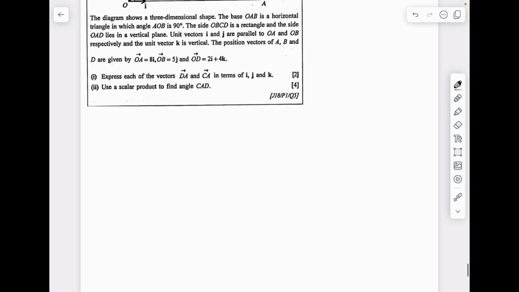The first question says to express each of the vectors DA and CA in terms of i, j, k.